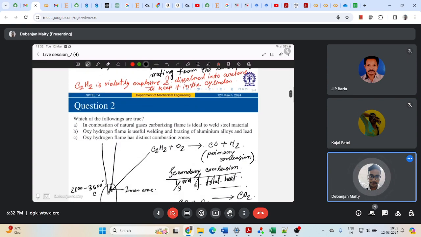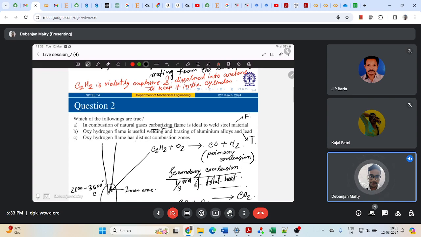Then I ask, which of the following are true? In combustion of natural gases, carburizing flame is ideal to weld steel material. I just mentioned that because of the lower temperature generated, carburizing flame is not ideal to weld steel material. So this is a false statement. Then I asked, oxyhydrogen flame is useful for welding and brazing of aluminum alloys and lead. This is true.